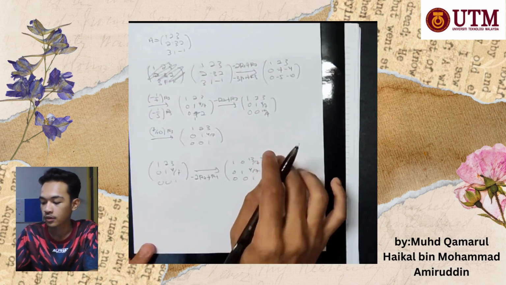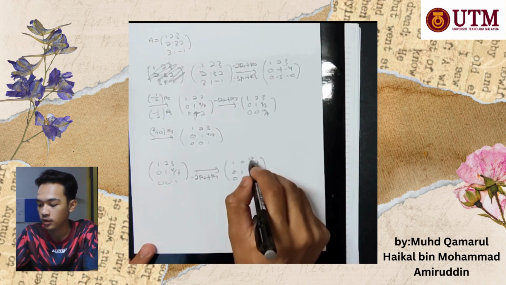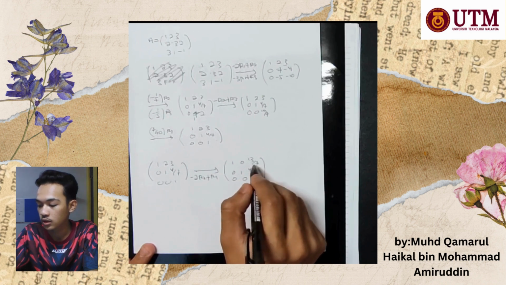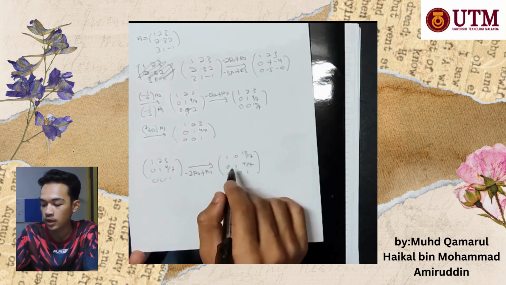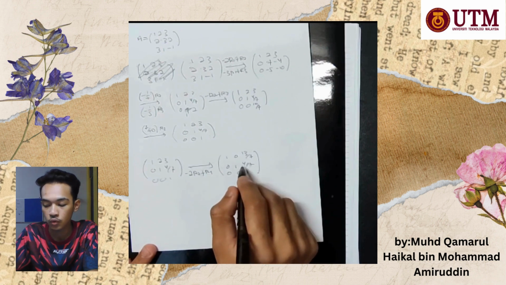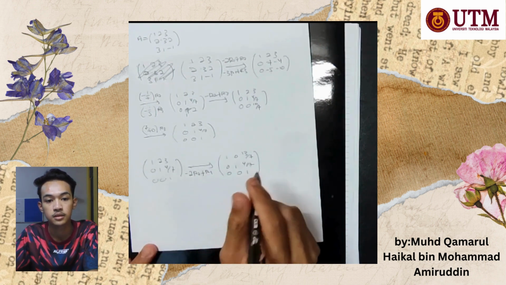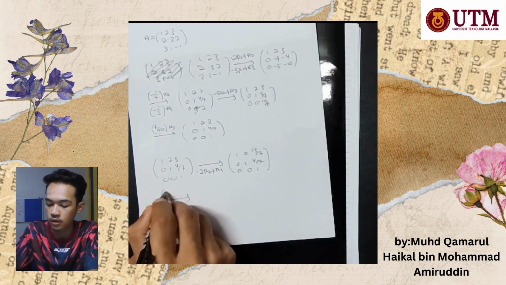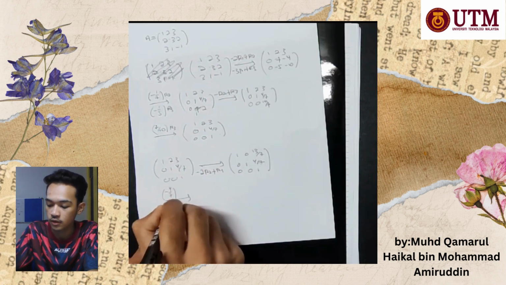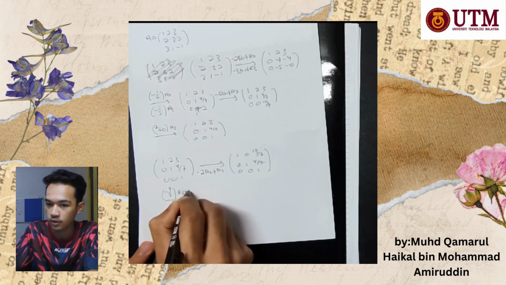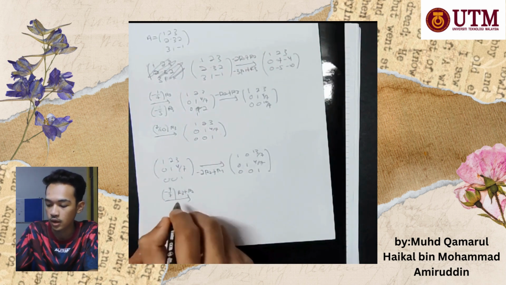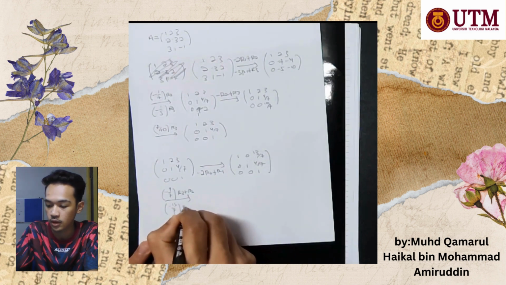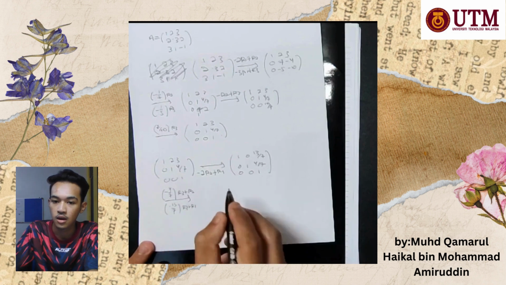After that, in row 1, we want 30 over 7 to become 0, and in row 2, we want 4 over 7 to become a 0. So the step is we multiply 4 over 7 with R3 plus R2, and negative 3 over 7 with R3 plus R1.